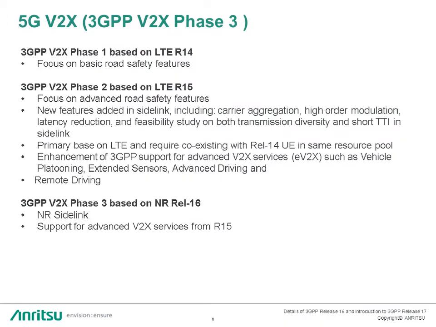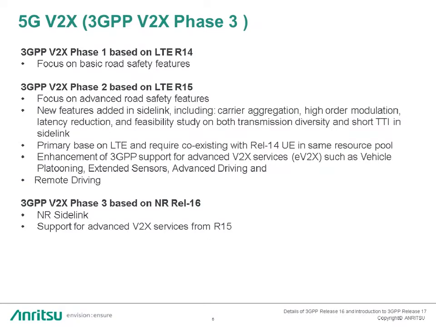Then in release 15, the LTE-based V2X was evolved, and this was called 3GPP V2X Phase 2. This was focused on advanced road safety features, having some more features in side link, which are related to increasing the capacity, reducing the latency.